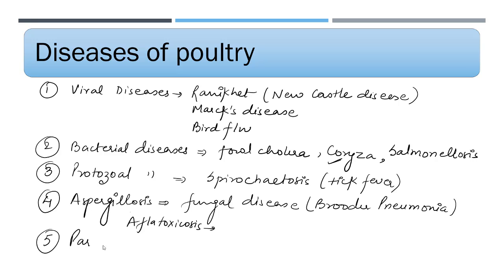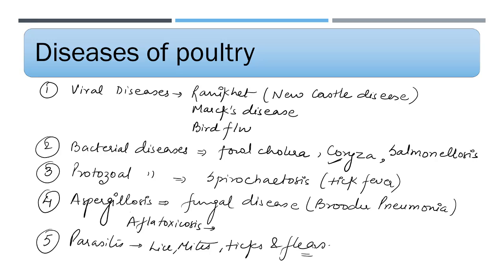Parasitic infections include lice, mites, which are ectoparasites, ticks and fleas. Internal parasites: tapeworm, roundworm, threadworm.